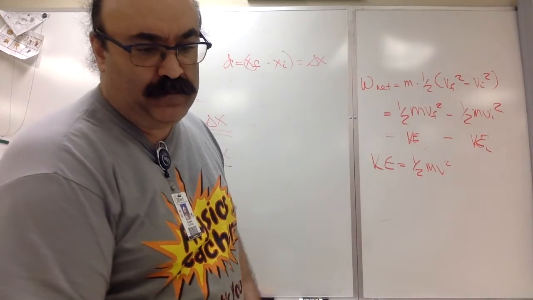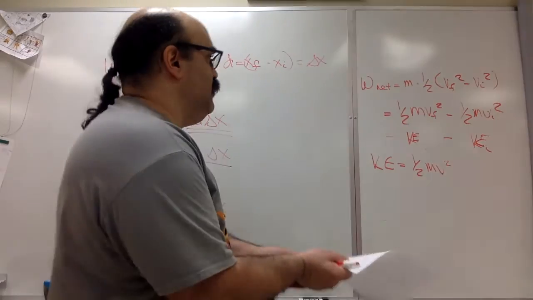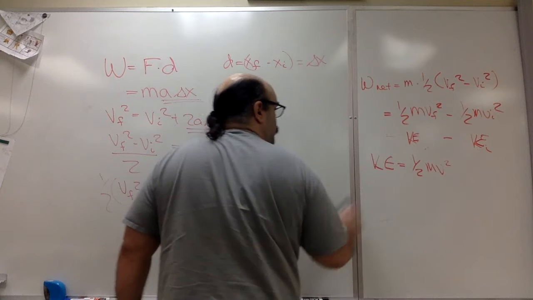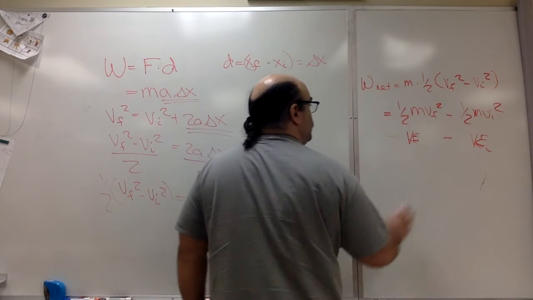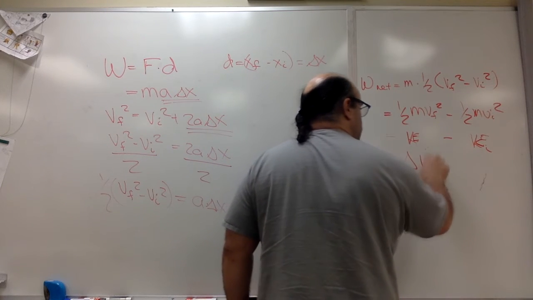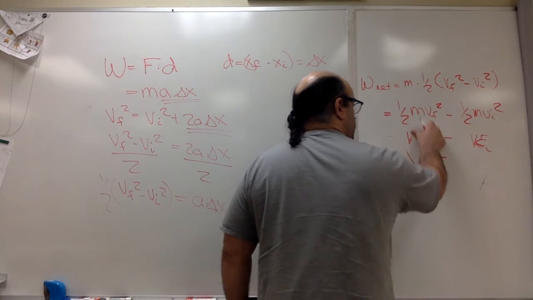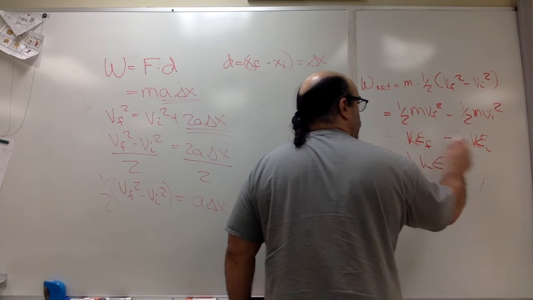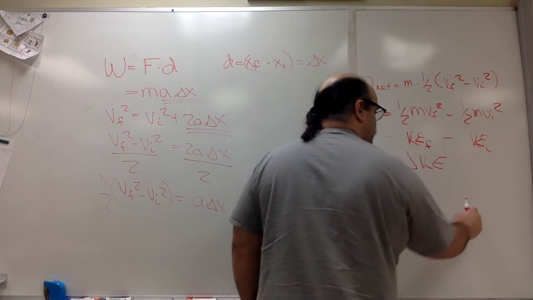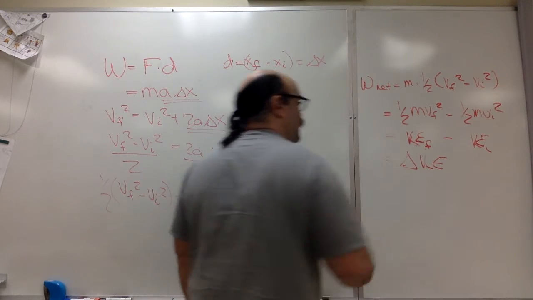As we look at that, we know then, we could say then, that this is very simply equal to delta KE. If this is the kinetic energy final, and this is the kinetic energy initial, that's simply the definition of the change in kinetic energy.